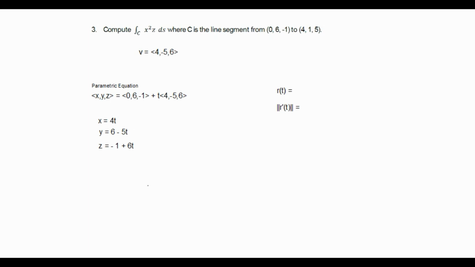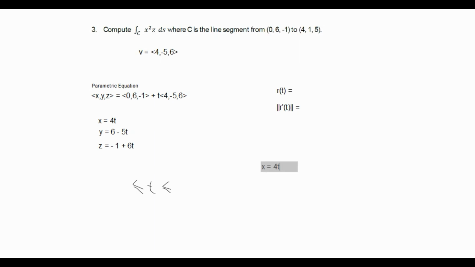What we need to do now is to find the limits of t. This will be the limits for our integration later on. So we can see here x is equal to 4t from our parametric equation. This equation has to satisfy the coordinates over here, 0 and 4.